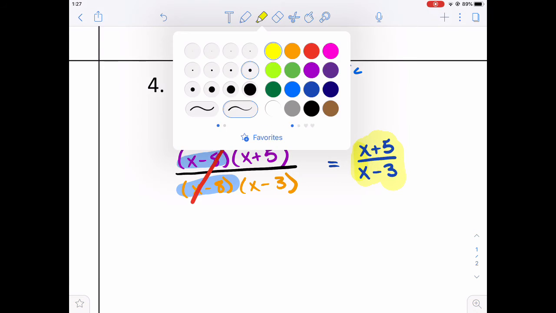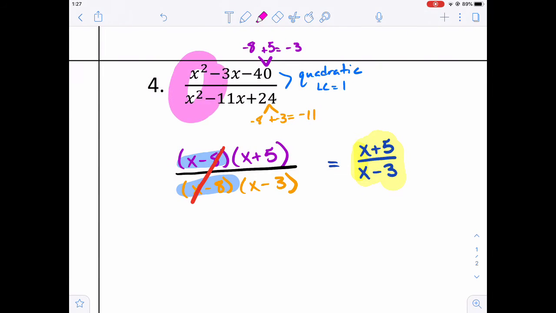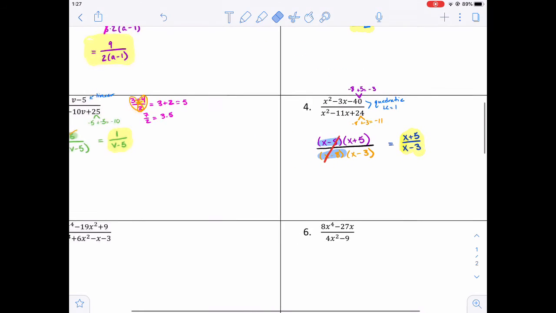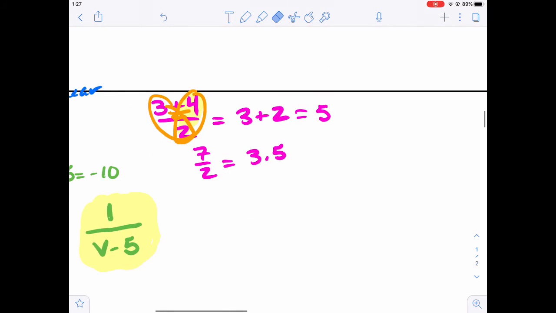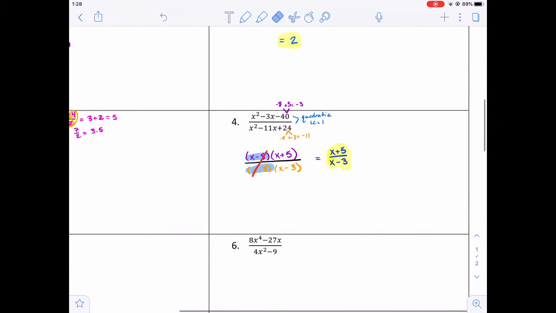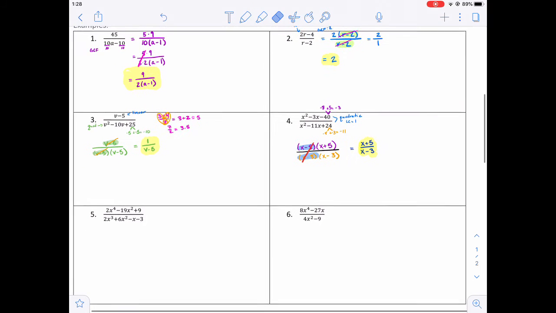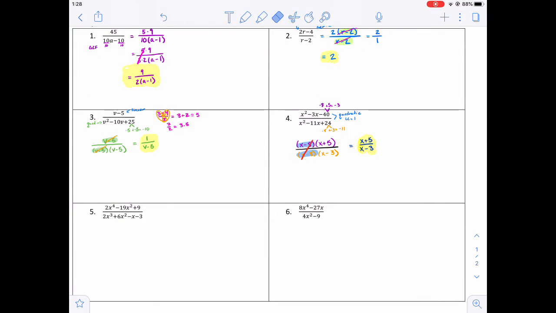I'm going to say that one more time. You cannot eliminate when things are connected with plus and minuses. You can't do it. We talked about why when we did this little example here. It doesn't work that way. Okay. Let's actually talk about that a little bit more.